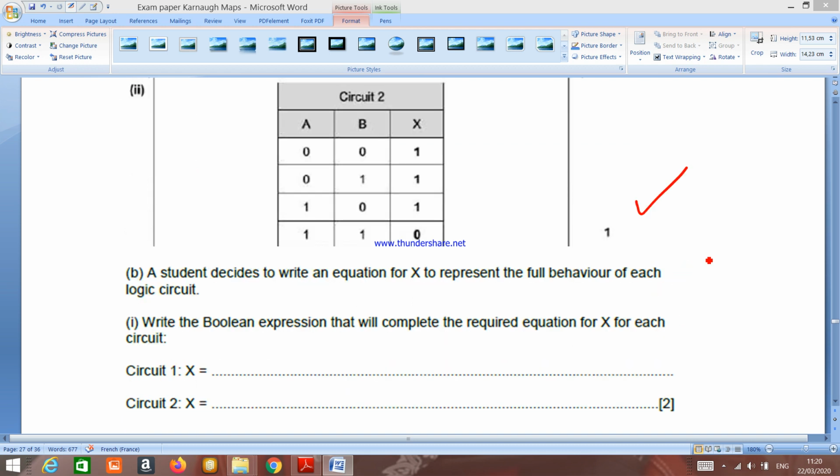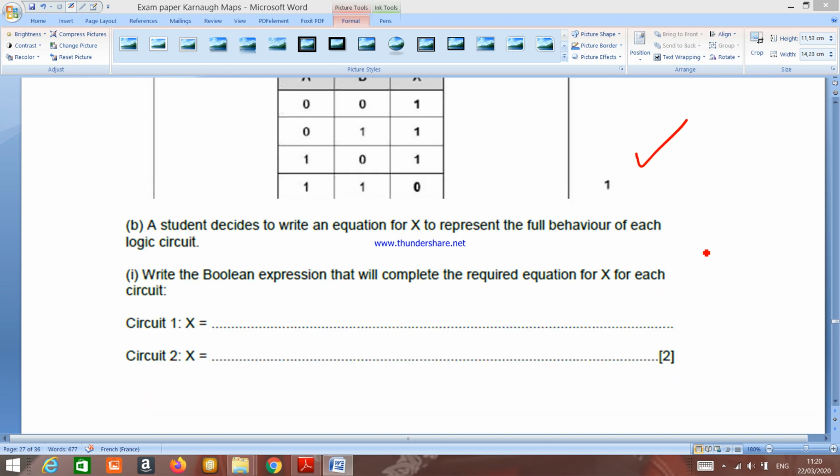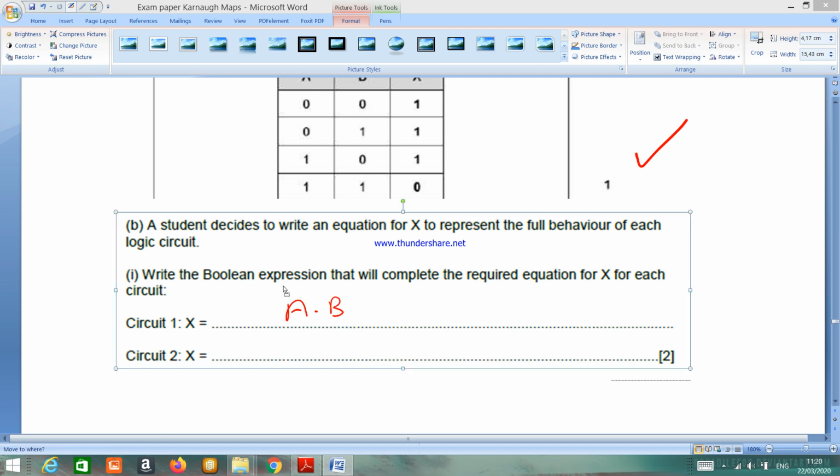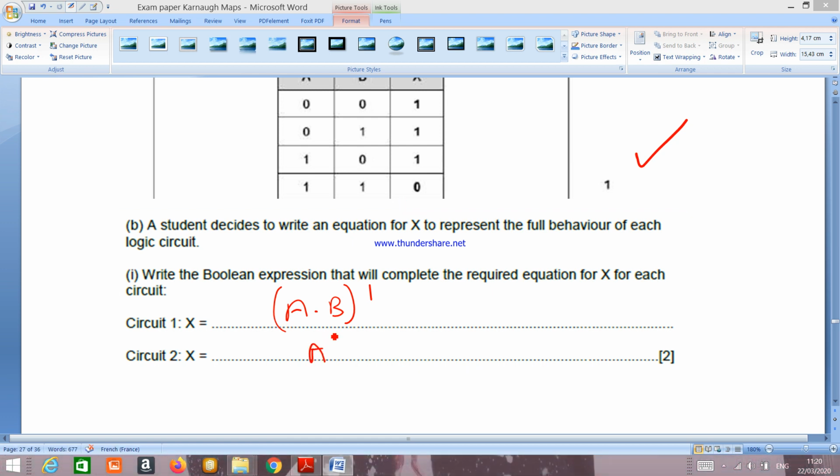We go for the next question. So the circuit for the first is (A times B) dash, and the second circuit is A dash plus B dash.